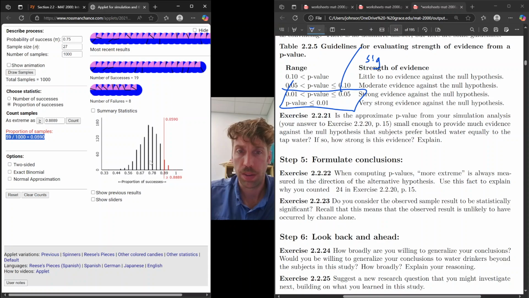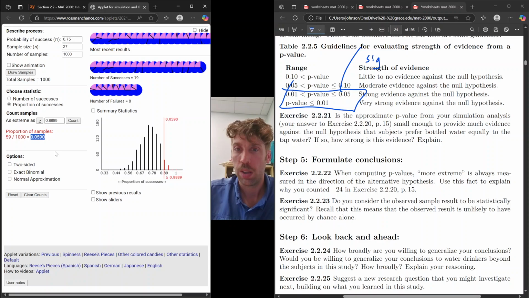And so in this case, only 59 of 1,000. And so we're looking at a p-value of 0.0590. Yours will be different because you're simulating with random numbers, so yours should be a little bit different than mine.